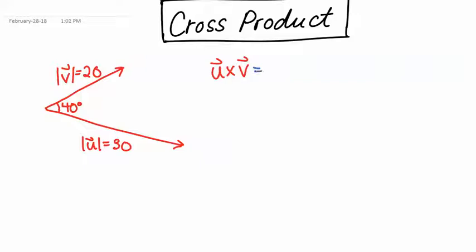So if we're doing the cross product, we can use our cross product formula, which is the magnitude of u times the magnitude of v times sine theta.